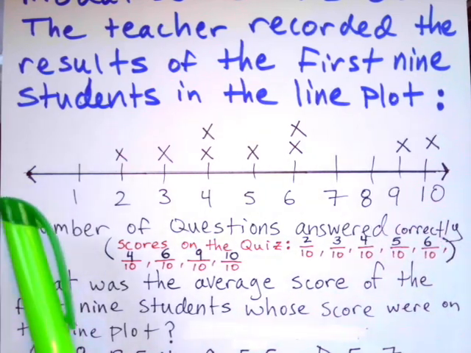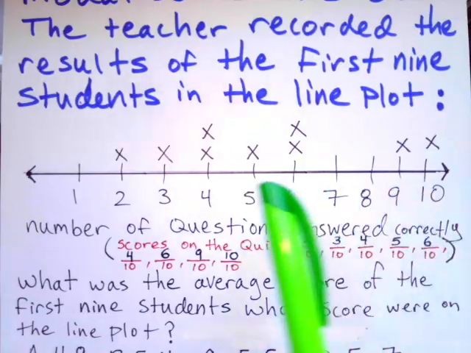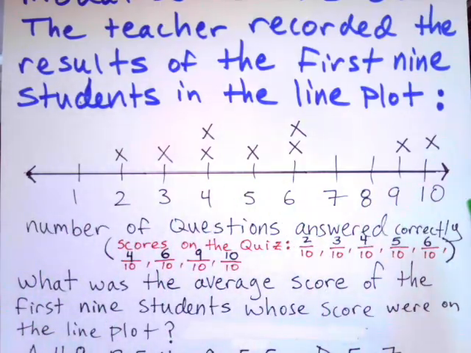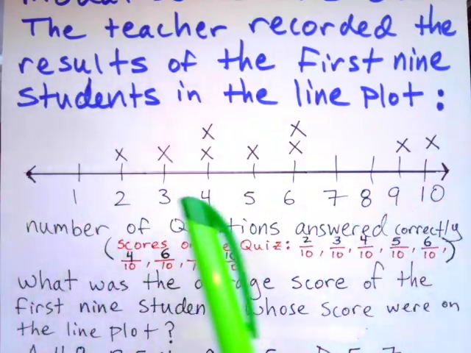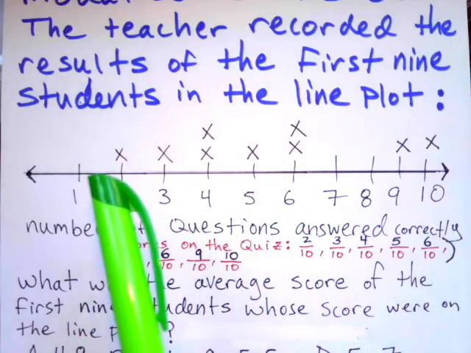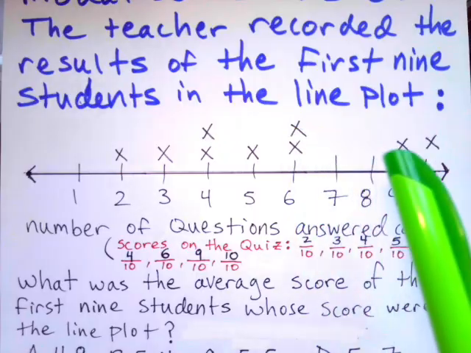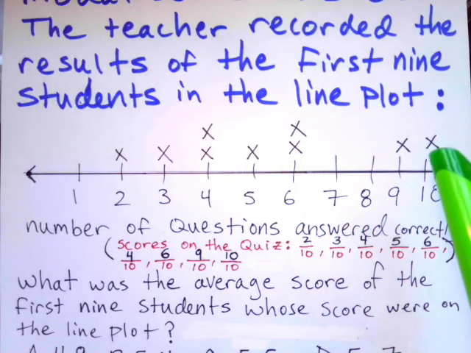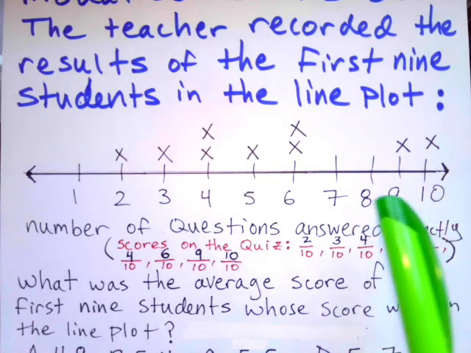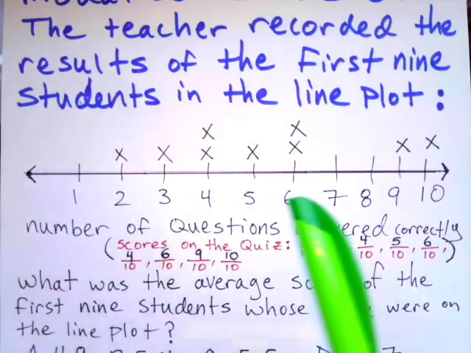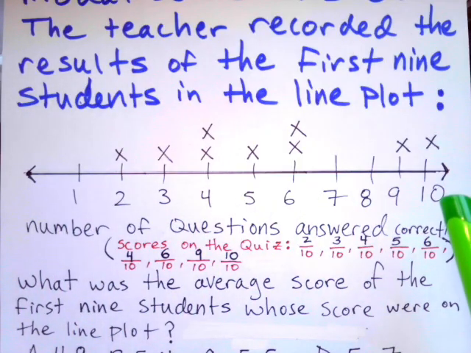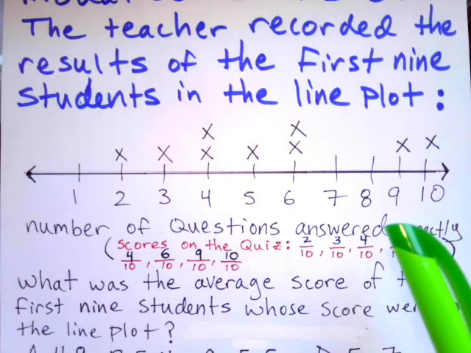So this line plot represents the 10 questions those 10 students were asked, but only 9: 1, 2, 3, 4, 5, 6, 7, 8, 9 of those questions were recorded on this line plot. Okay, I'll get to why that is in just a second.